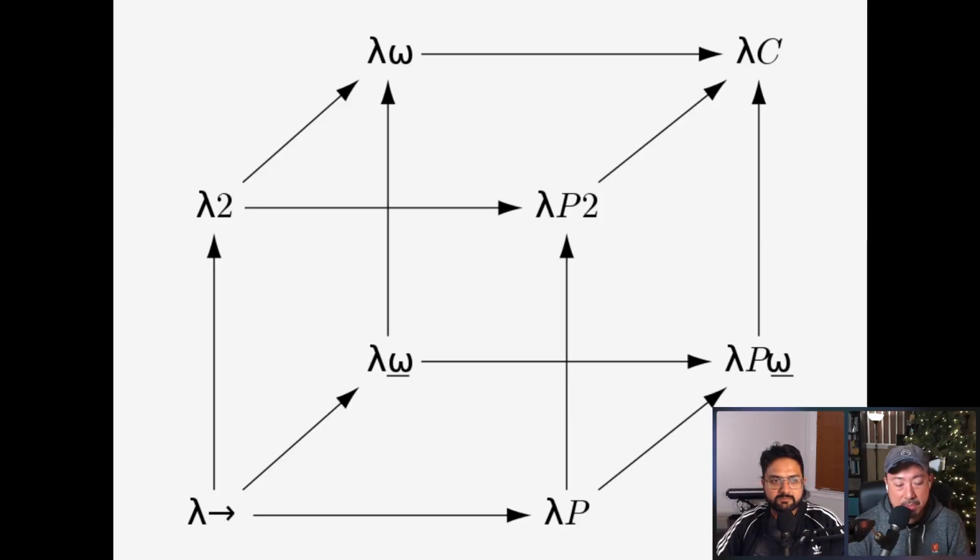And so at the bottom left corner of this Lambda Cube is the simply typed Lambda calculus. And it's like the basic Lambda calculus that we know and love with simple types. And the different things that you can add to a programming language's type system is how you can convert from term to terms, which is functions, right?